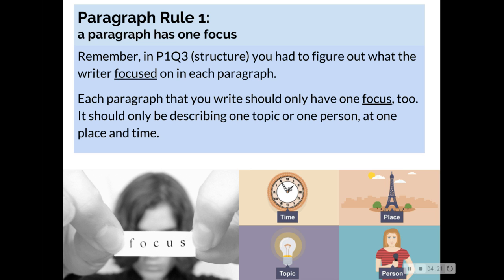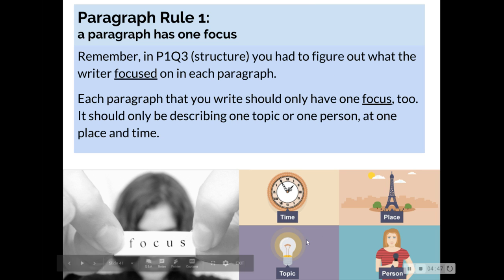Well, when you're writing, each paragraph that you write should only have one focus too. That means each paragraph should really only be describing one topic or one person, and each paragraph should only be focused on one place or one time.